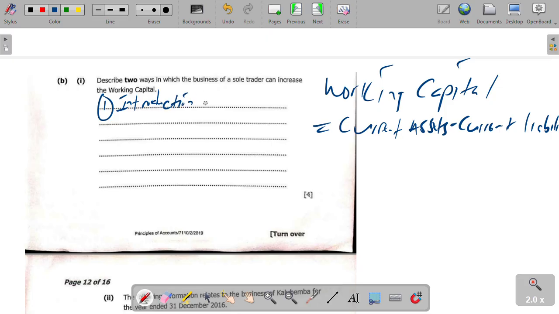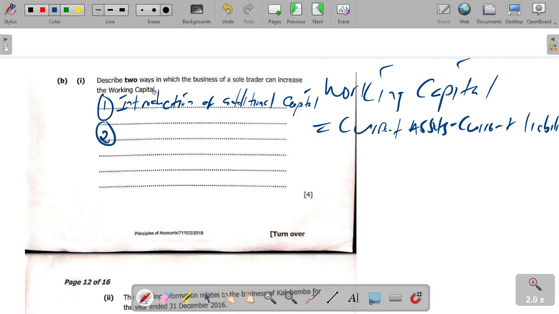Here you can explain that the owner can invest more of their personal cash into the business. This increases their liquid cash. So write those points down: introduction of additional capital, where the owner invests more of their personal cash into the business.